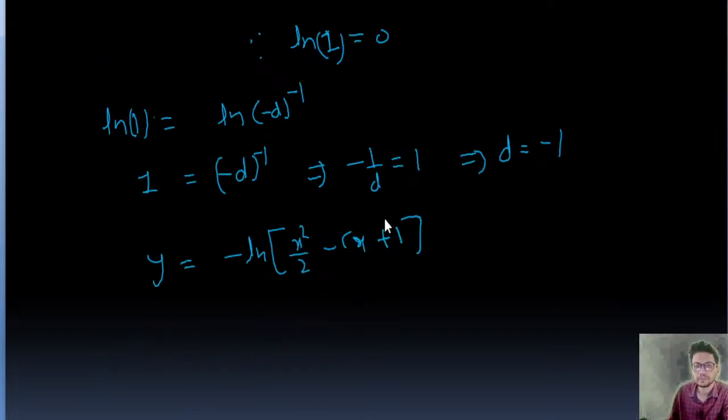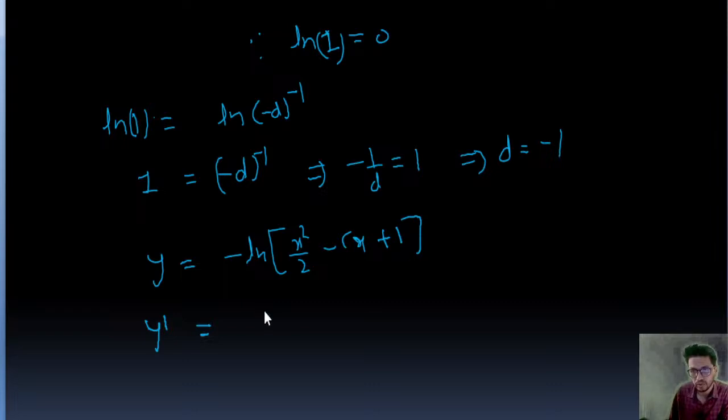Okay. Now we'll use the second boundary condition, y dash, right? First we'll differentiate this with respect to x. So this is going to be dy over dx, or we can write y dash. Y dash is going to be equal to this one. We'll differentiate with respect to x, right?